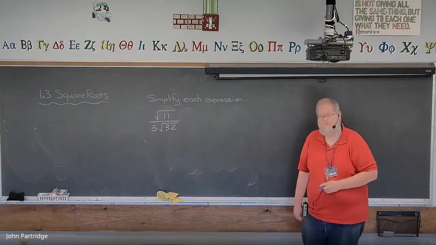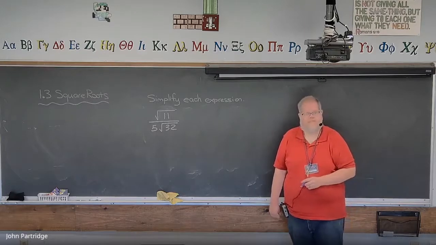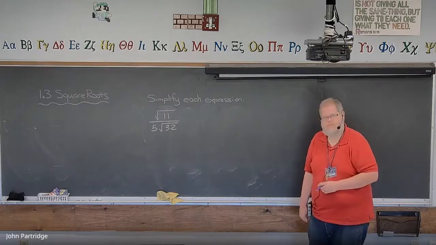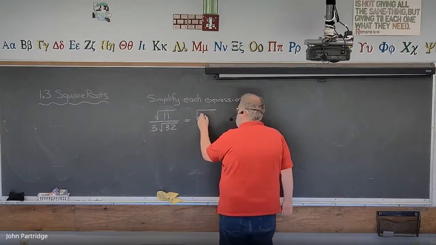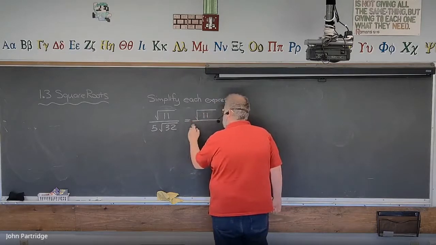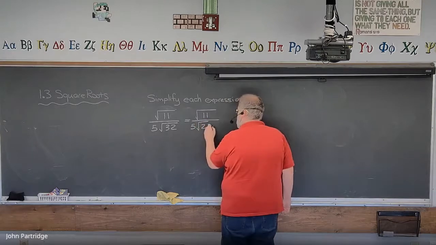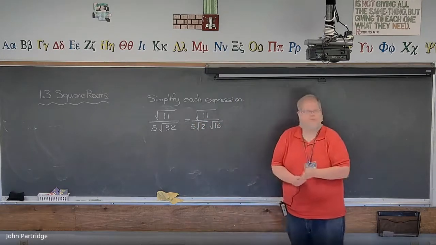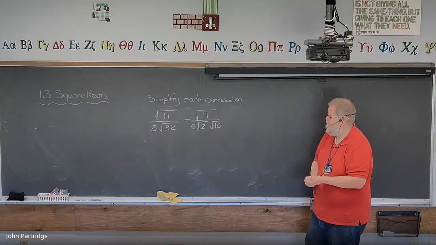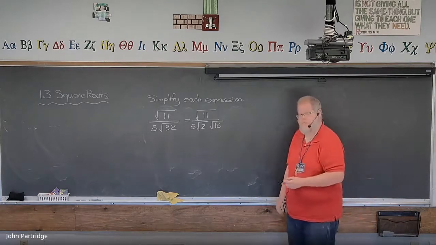The square root of 11 divided by 5 square roots of 32. The square root of 11 divided by 5 square roots of 2 times the square root of 16.